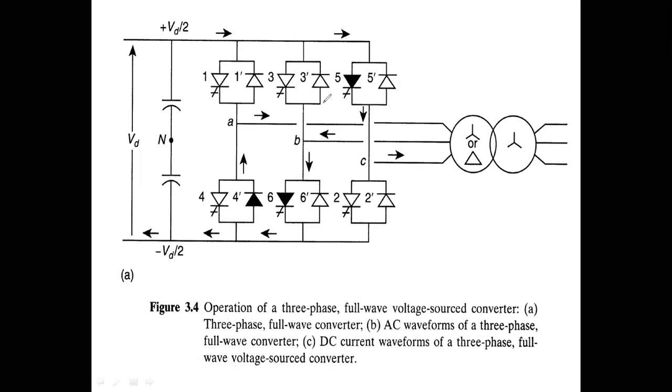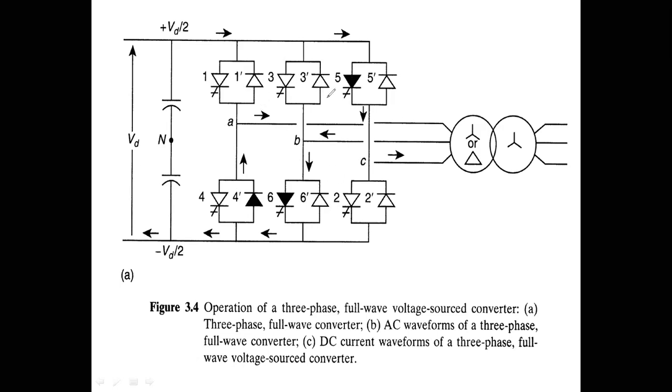IGBT is the insulated gate bipolar transistor. So any device having turn off characteristics can be used as a voltage source converter. So anything you can consider.